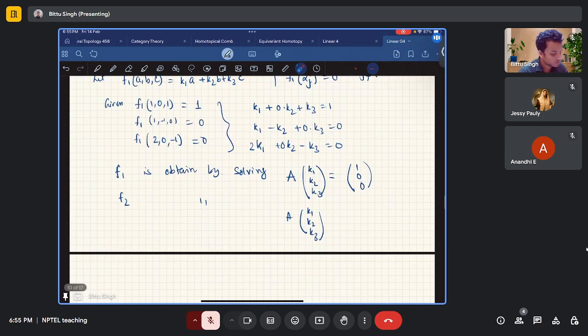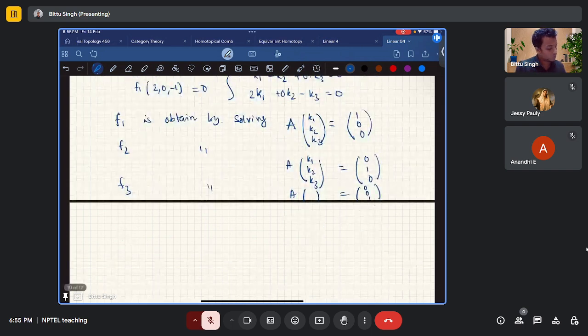So this is the same as solving the equation with (0, 1, 0). Similarly, the third functional f3 is obtained by solving A times (k1, k2, k3) equal to (0, 0, 1). So we need to find the solution of those equations together.